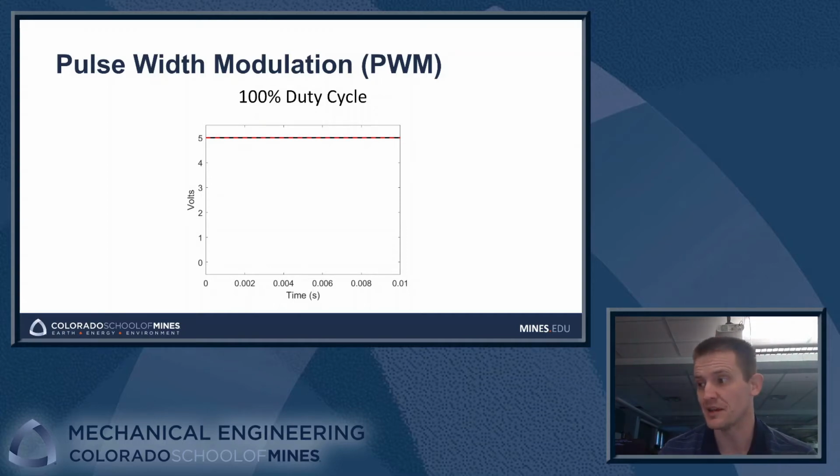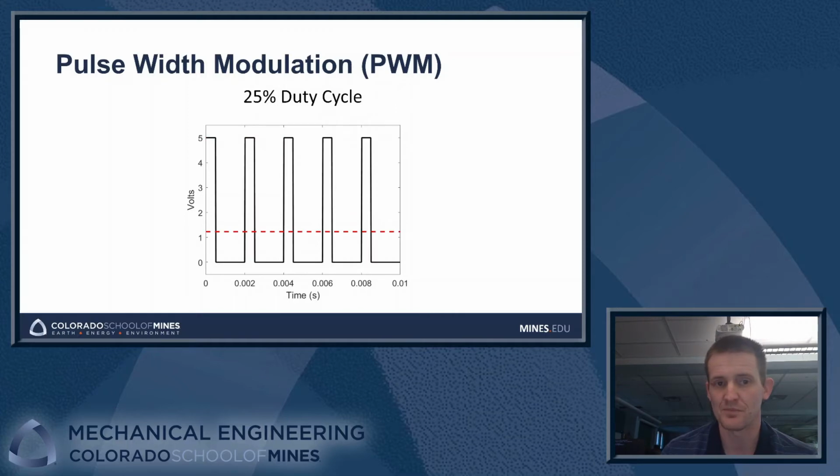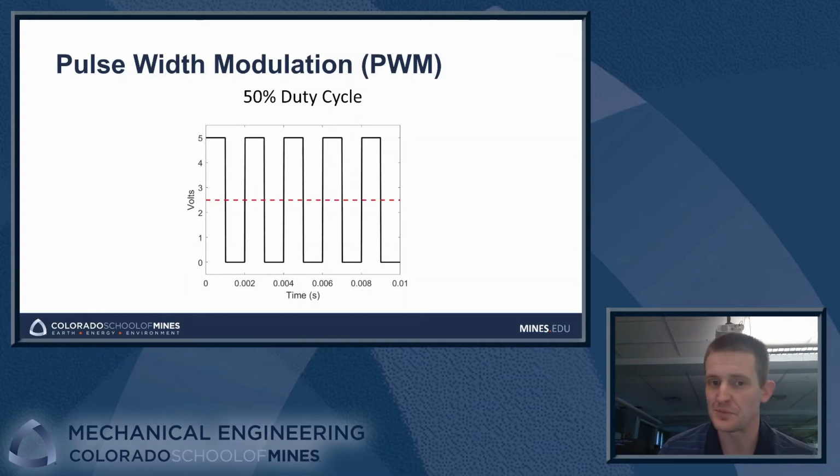Let's look at something in between 0 and 100%. So if we have a 25% duty cycle, we can see here the power is on at 5 volts for 25% of the time, and then it's off the rest of the time. And our average voltage actually works out to be a little bit more than 1 volt in this case. We could do a 50% duty cycle where our average voltage is going to end up being 2.5 volts, and our voltage is on half the time, off half the time.